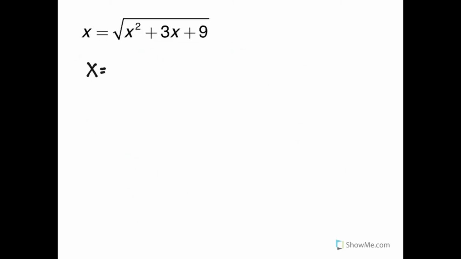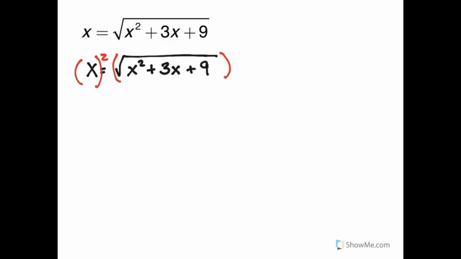x is equal to the square root of x squared plus 3x plus 9. Let's square both sides to get rid of that square root. So x squared is equal to the expression inside the square root. The square root's gone. x squared plus 3x plus 9.